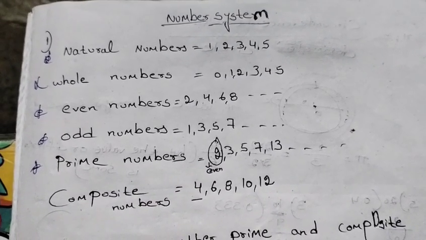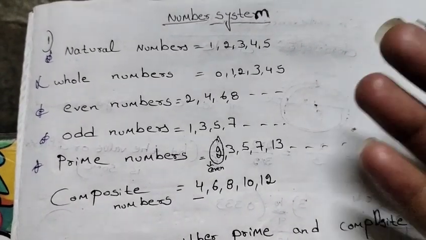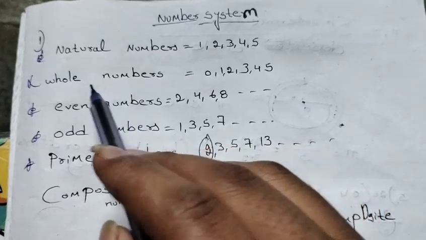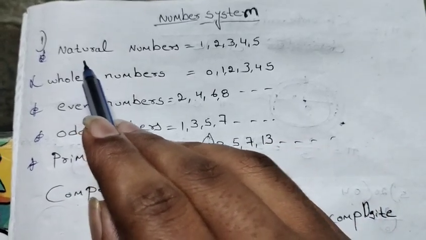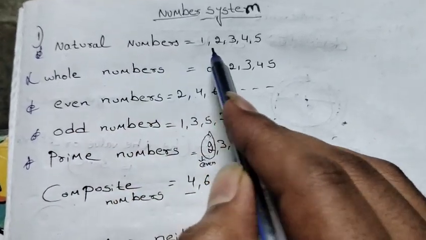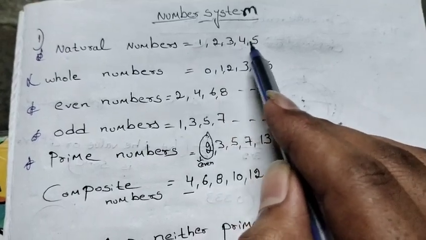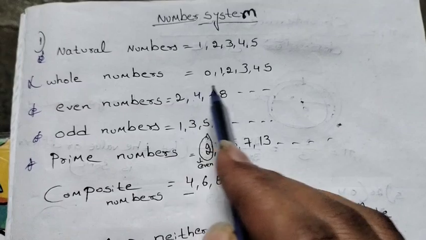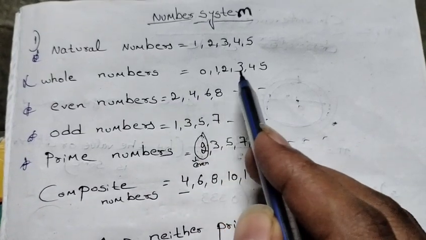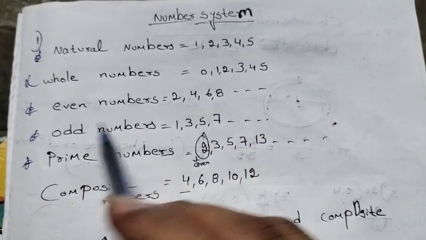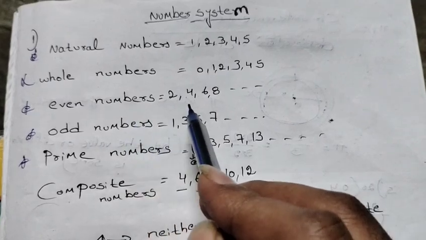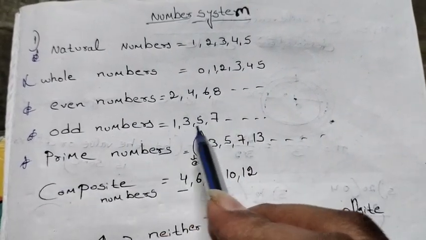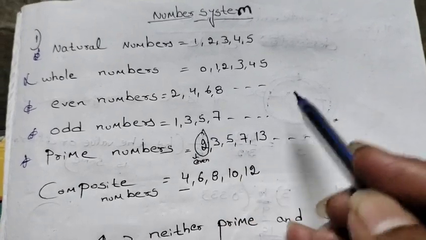So let's get started with our number system. Here we can see natural numbers. We all know that 1, 2, 3, 4, 5 and so on, and whole numbers 0, 1, 2, 3, 4, 5 and so on, even numbers 2, 4, 6, 8 and so on, odd numbers 1, 3, 5, 7 and so on.